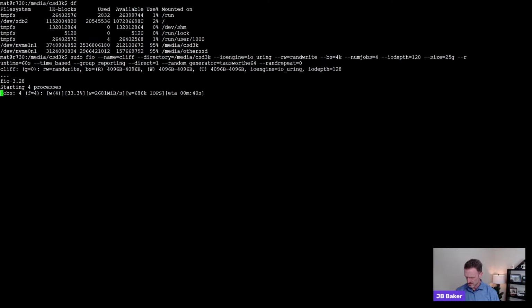Now, what I would note is both of these devices are Gen 4 capable. Unfortunately, my test system is a Gen 3 PCI system. So this is not the maximum performance the devices can give, but it's a good indication of comparative performance between the two when the file systems are very full.